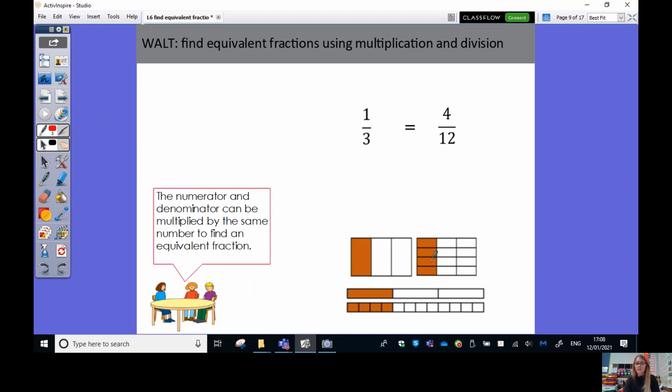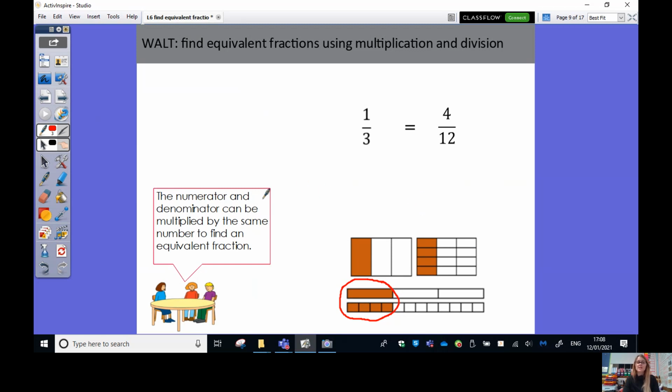It's just that this has got 4 parts, okay? But it's equivalent to what is shaded on this side. Similarly with my bars, my bar models are the same length, but the same amount has been shaded. The bottom one has been split into 12 parts and this one has been split into 3 parts, but the same amount has been shaded.